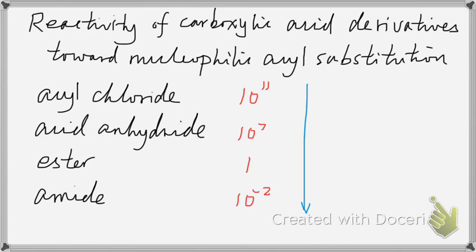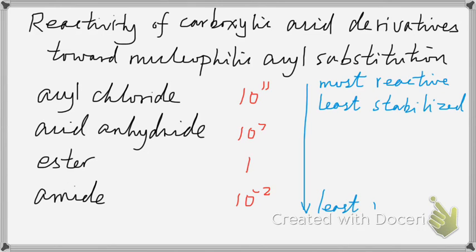Amide is the least reactive. Okay? So it is in this order that the compound on the top will be most reactive, least stabilized, while the compounds at the bottom will be least reactive and the most stabilized.